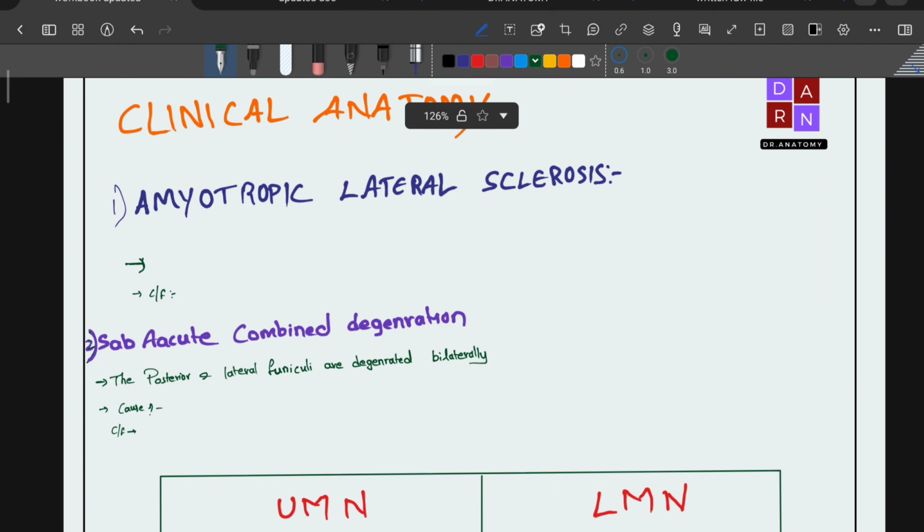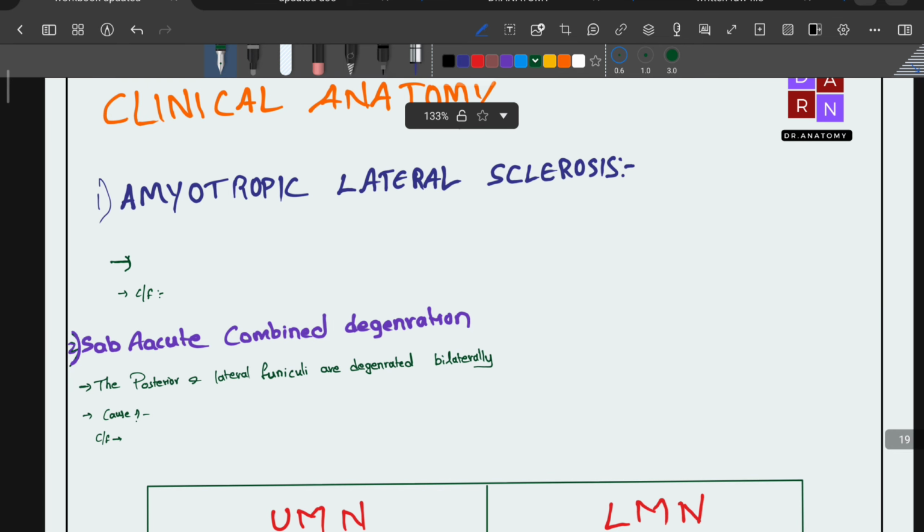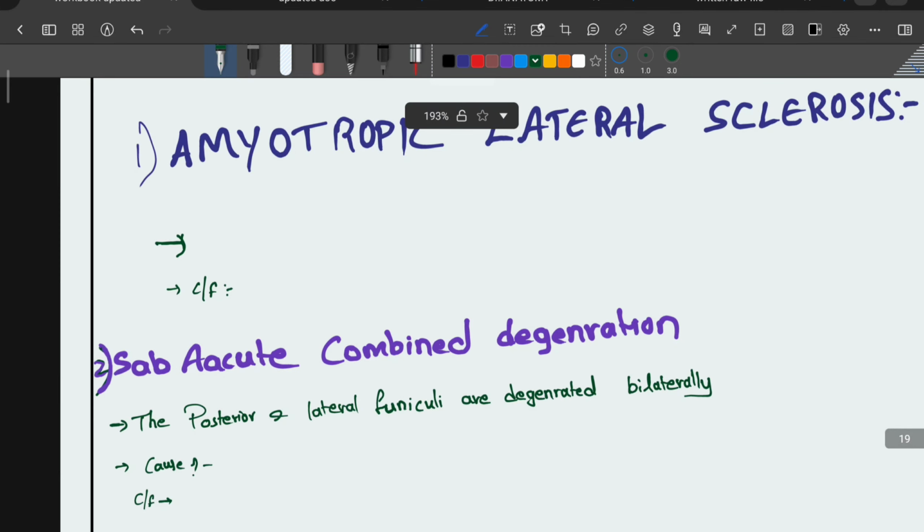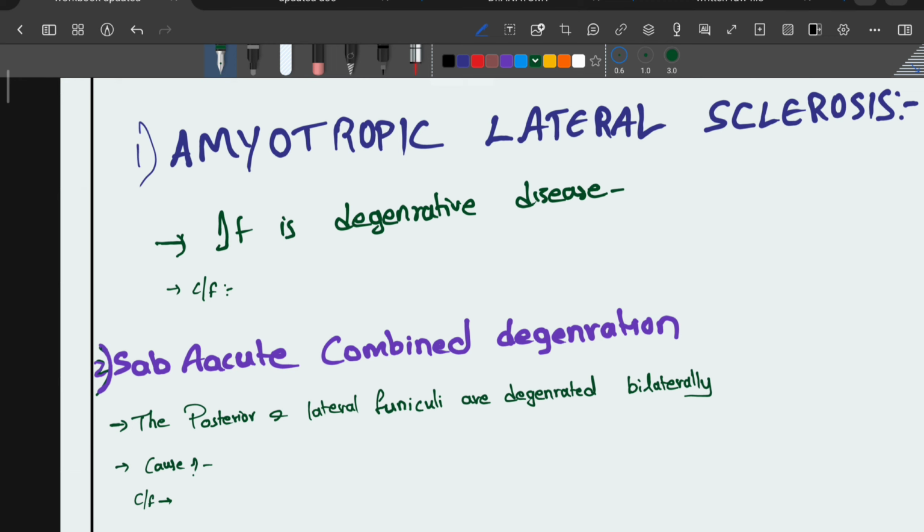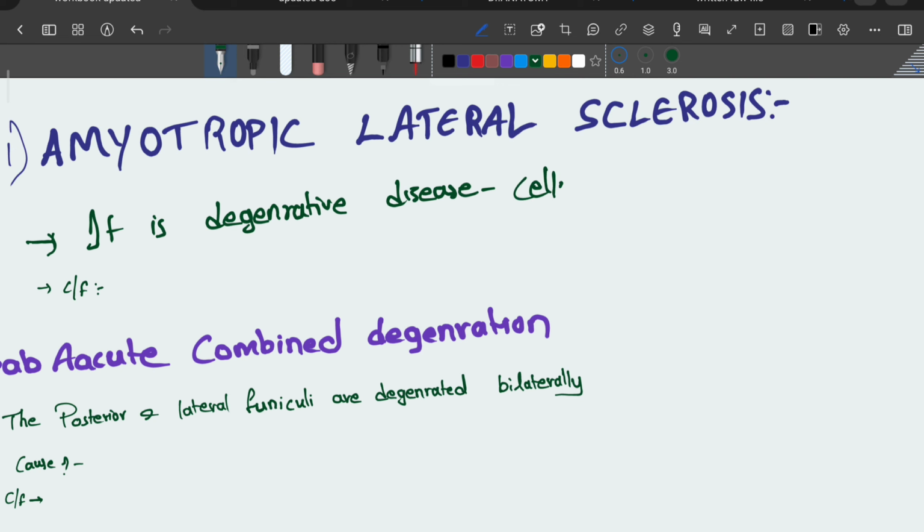Amyotrophic lateral sclerosis is a degenerative disease. What does it degenerate? Cells of the ventral horn of the spinal cord.